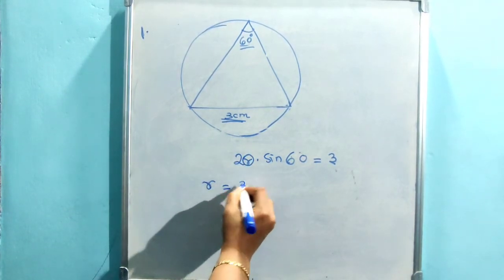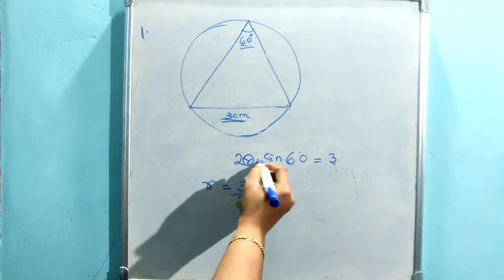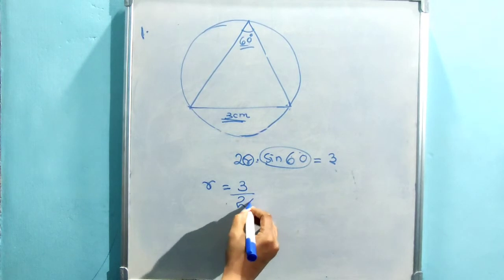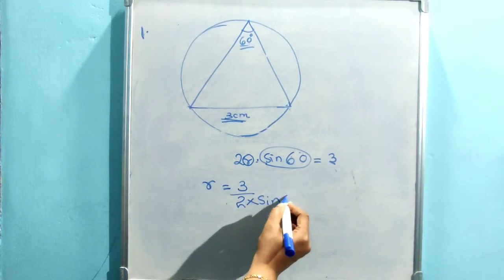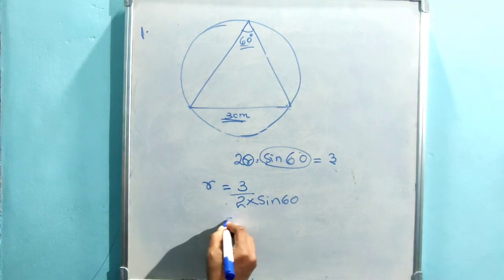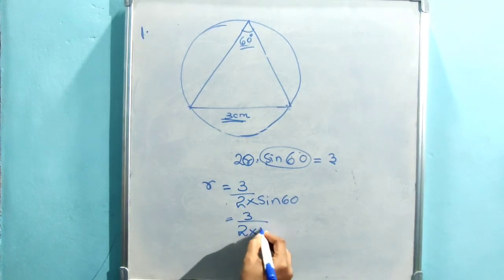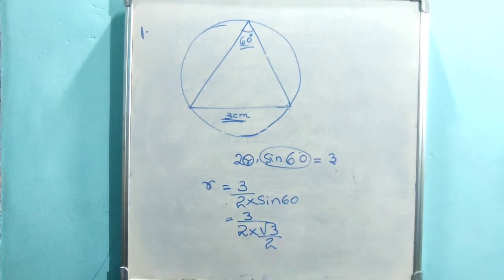So we have 3, divided by 2 and sine 60, that is 3 by 2 sine 60. What is the value of sine 60? Sine 60 is equal to root 3 by 2. Just substitute that: 3 by 2 into root 3 by 2.